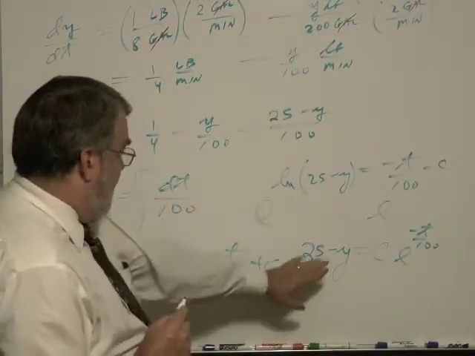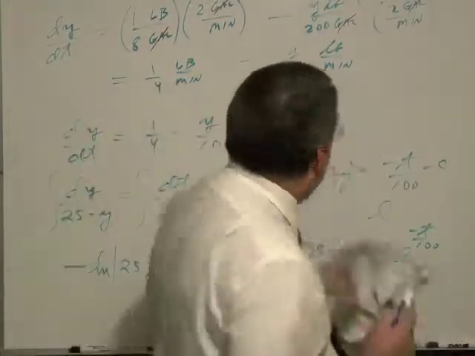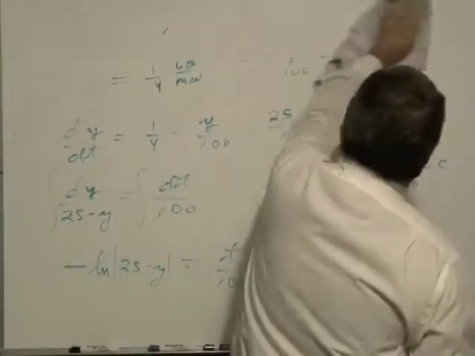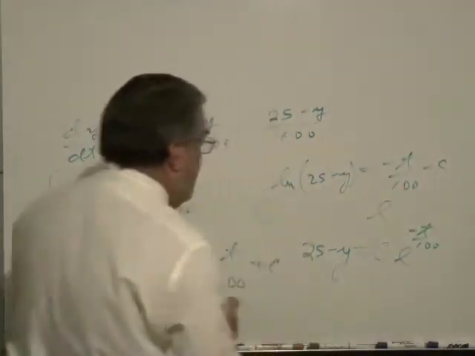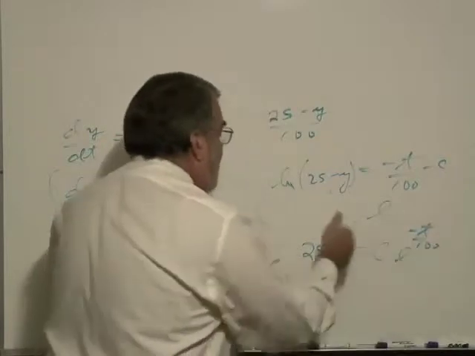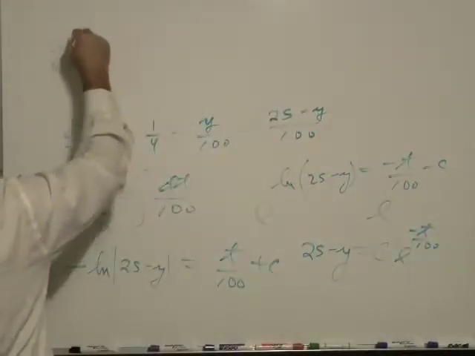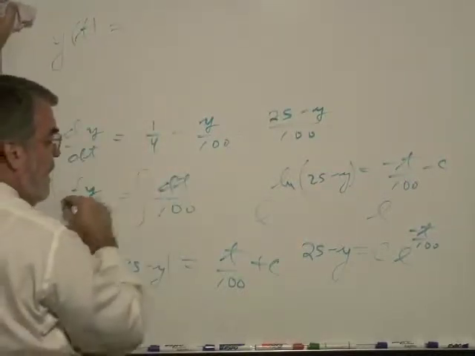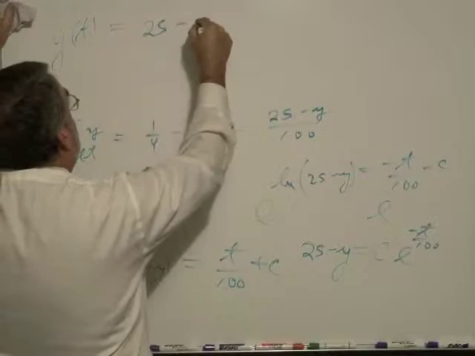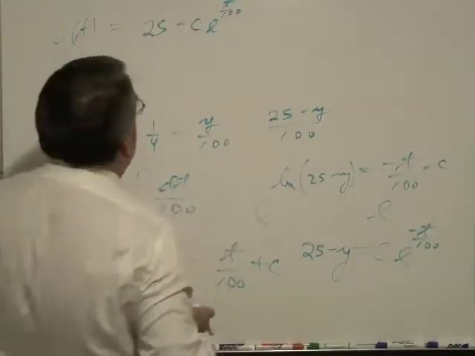And then when we solve for y, I need to erase to make room for it. We're going to get a function here which solves our differential equation. So I'll put y over here, I'll subtract this, and I've got y of t is equal to 25 minus c e to the negative t over 100.